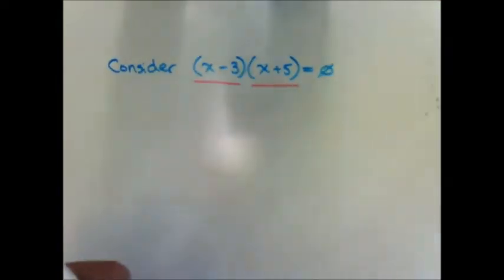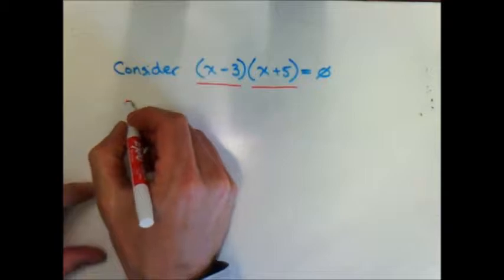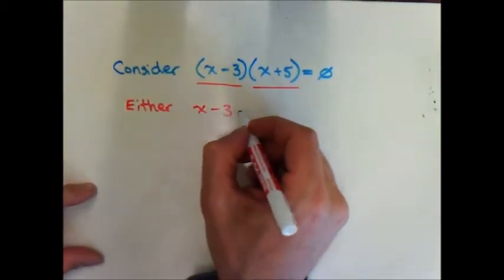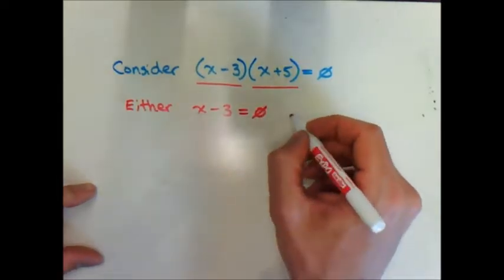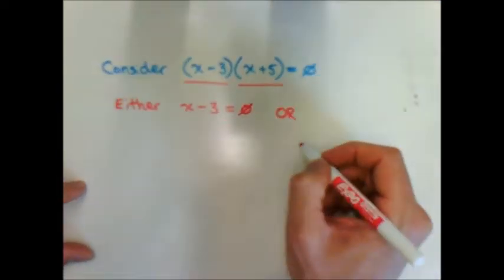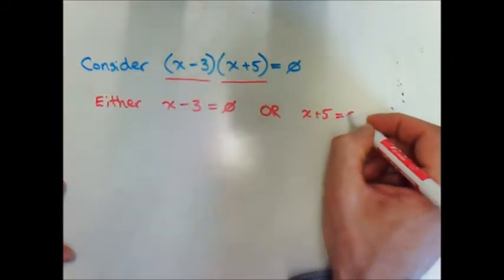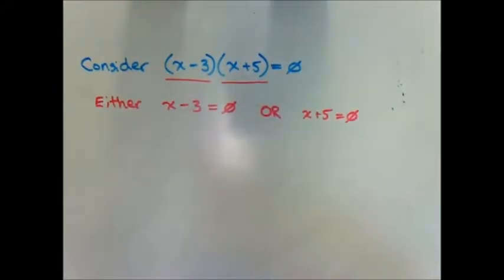Well, either x minus 3 equals 0, or x plus 5 equals 0, or both, in order to make it a true equation.